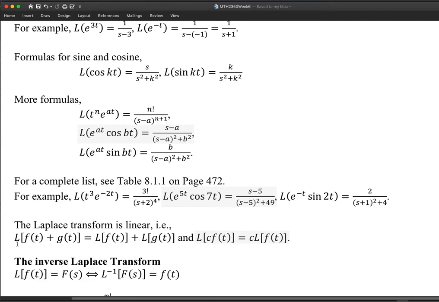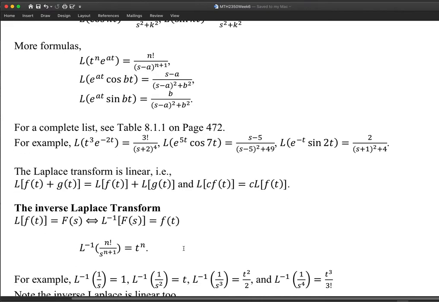The transform of the sum of two functions turns out to be the sum of two transforms. The next property is about scalar multiplication: the transform of a constant times the function is the constant times the transform of the function. The Laplace transform is a linear operation.